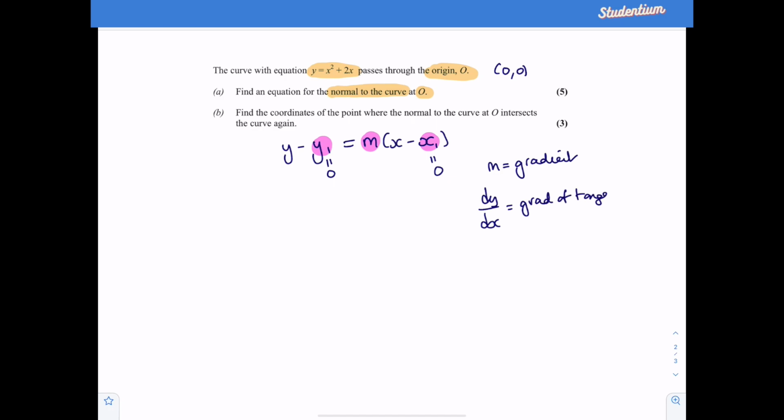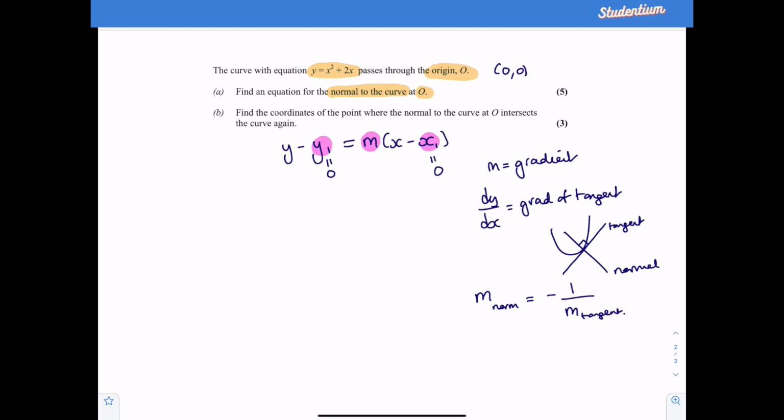Once we know the gradient of the tangent, which relates to the line which just glances the curve, the normal is perpendicular to that. So we use our fact that the gradient of a perpendicular line is equal to the negative reciprocal of the other line. In this case, the gradient of the normal is going to be equal to minus 1 over the gradient of the tangent.